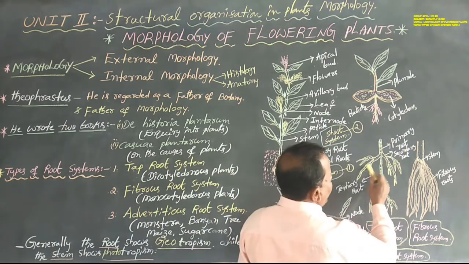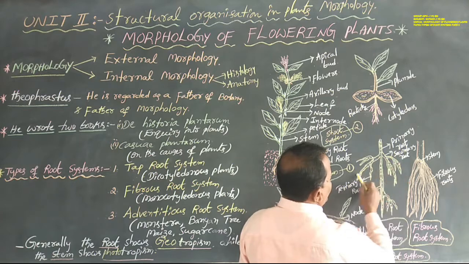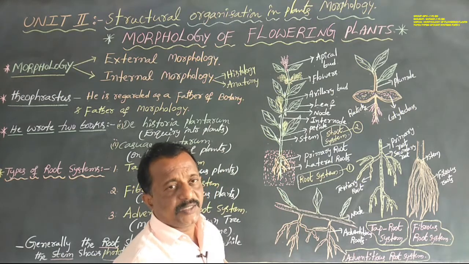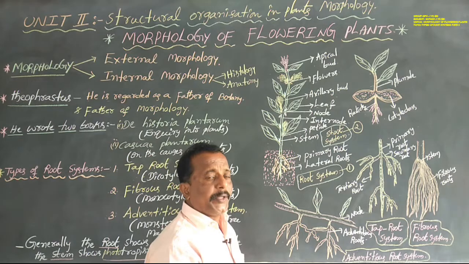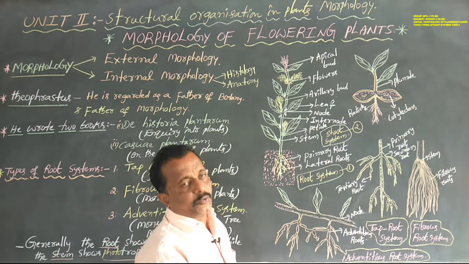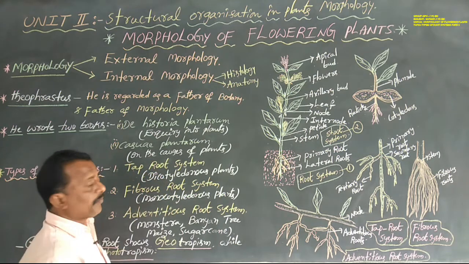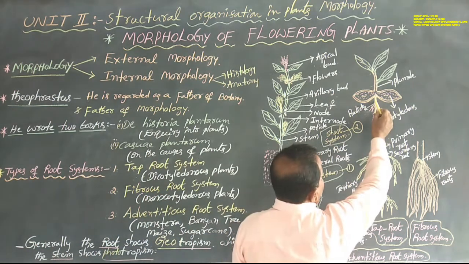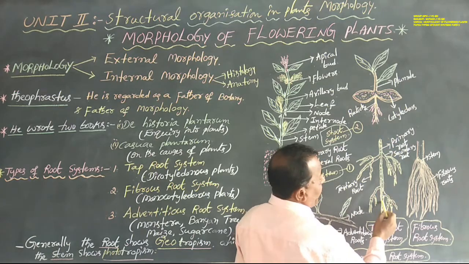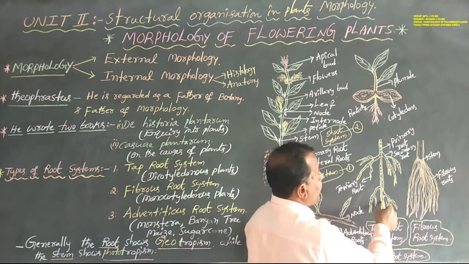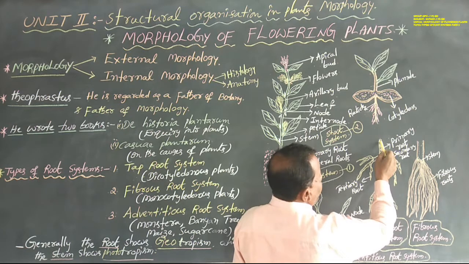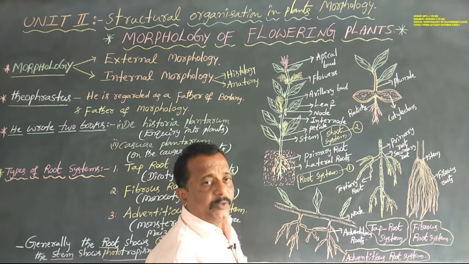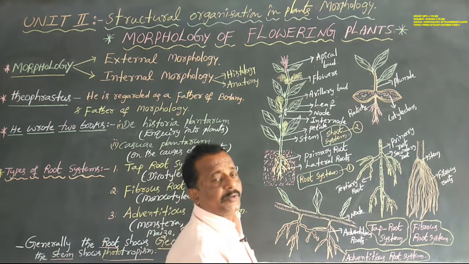Finally, the primary root and its lateral branches constitute the tap root system. Tap root systems are mainly seen in dicotyledon plants.